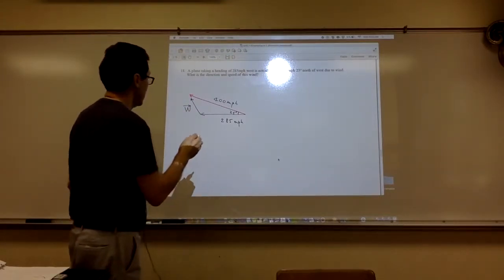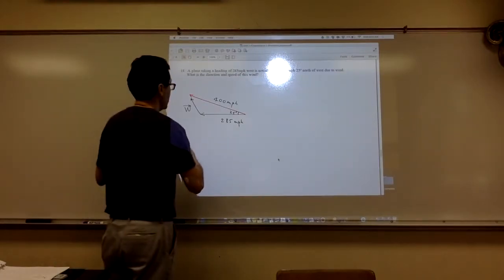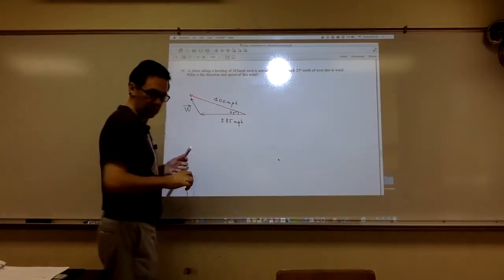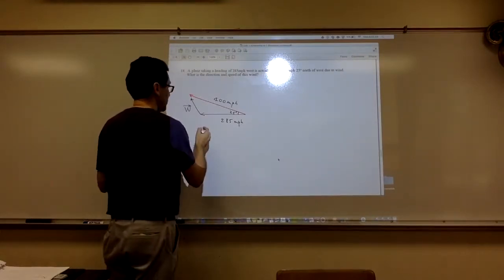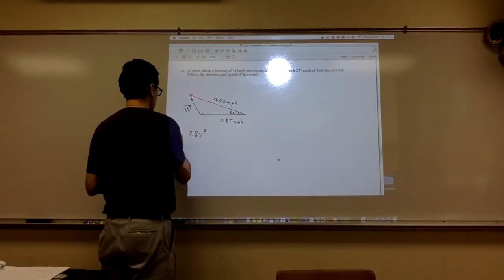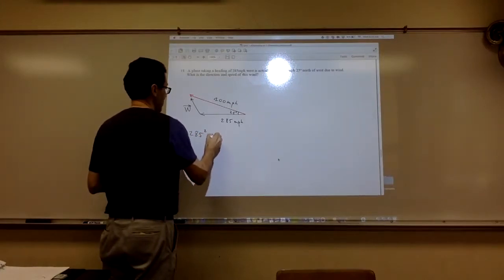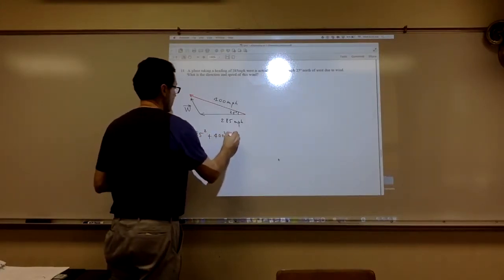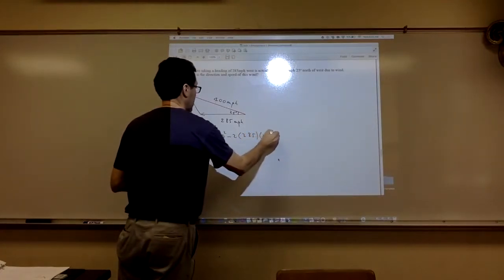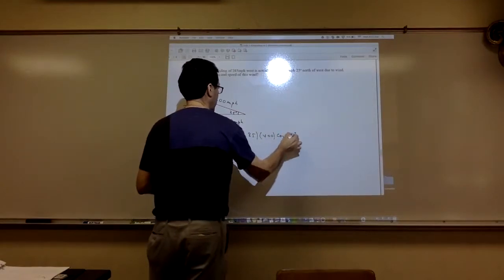We're going to do it with the law of cosines, which I think is quick. So to do law of cosines, we're going to do W squared equals 285 squared plus 400 squared minus 2 times 285 times 400 cosine between the 285 and 400.